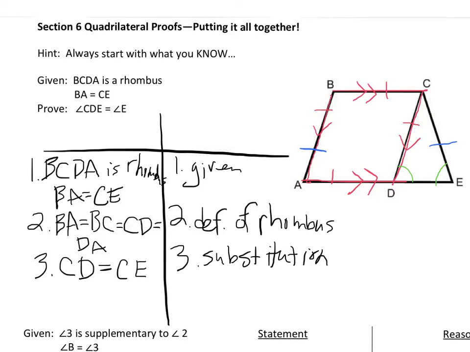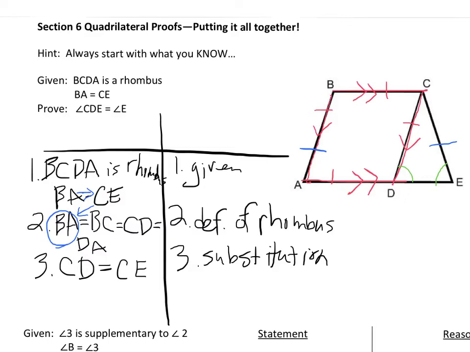Because I know that BA is equal to CE, I can kind of plug that in. It's almost like I'm plugging it in here, because I know that BA is CE, and I can plug CE back in for BA down here, and then I know that CE will equal CD. So I just use substitution for that.